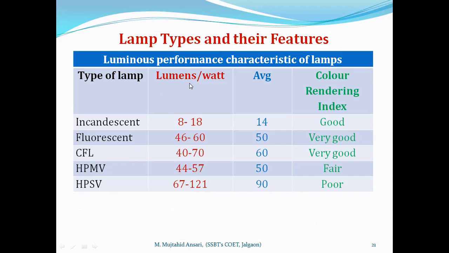So what is the luminous efficacy? The luminous efficacy is the total lumens emitted by the light source divided by the power consumed by the given light source. The incandescent lamp gives a luminous efficacy, that is lumens per watt, of 8 to 18. The change in efficacy is because of the surrounding color, the surrounding walls.